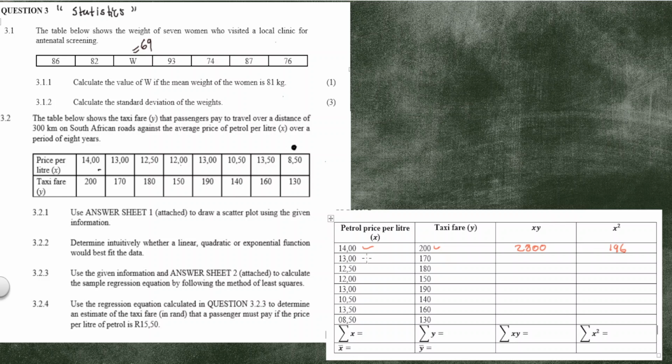Then I continue, taking this multiplied by that, which gives 2,250. Then 1,800. Then 2,470. Then 1,470. Then 2,160.